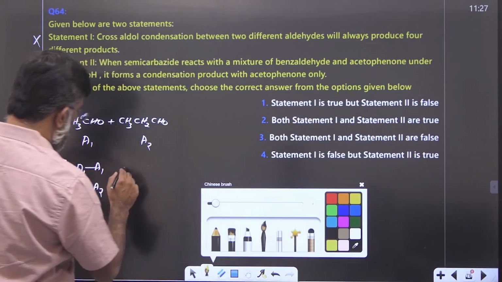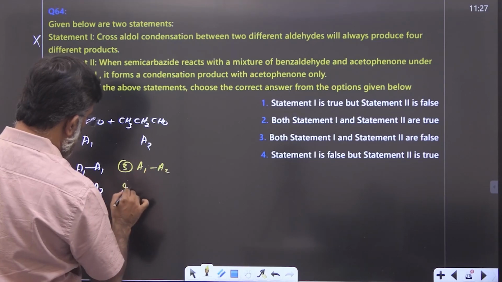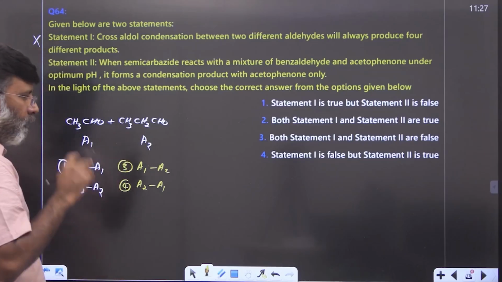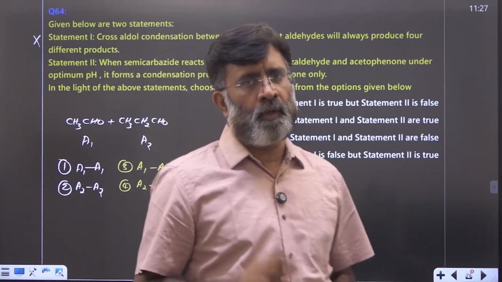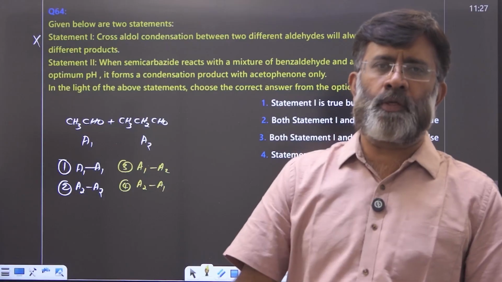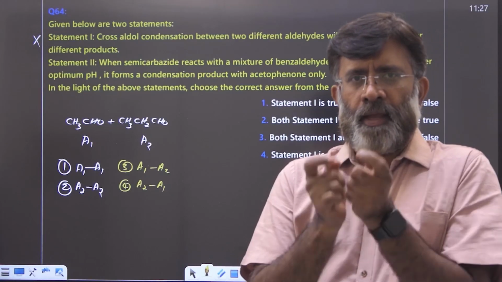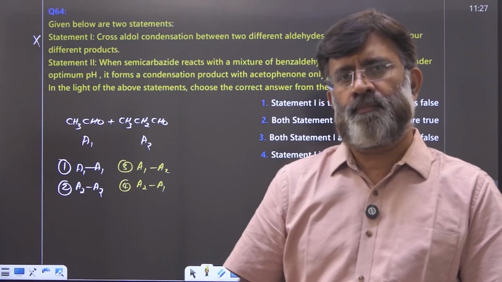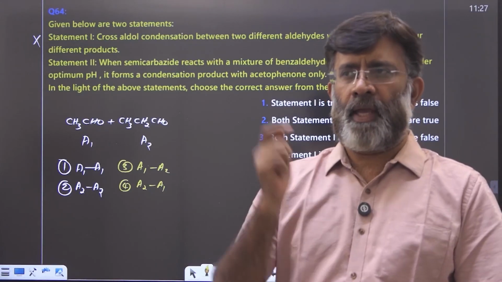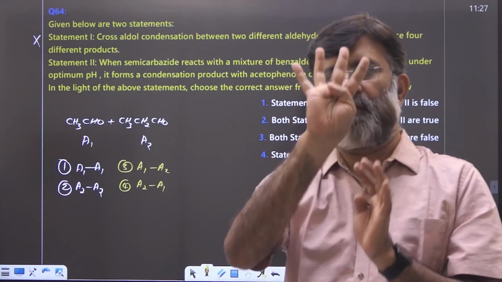Number 3, A1 condenses with A2, and number 4, A2 condenses with A1. So you will get 4 products, no doubt. 2 simple aldol condensation and 2 cross aldol condensation. A1 undergoing condensation with A1, A2 with A2, A1 attacks A2, A2 attacks A1. You will get 4 products.